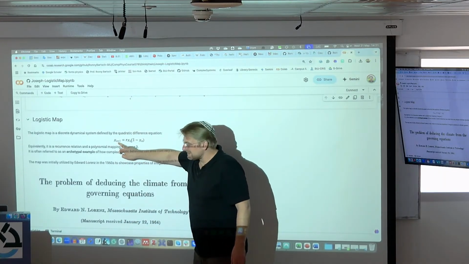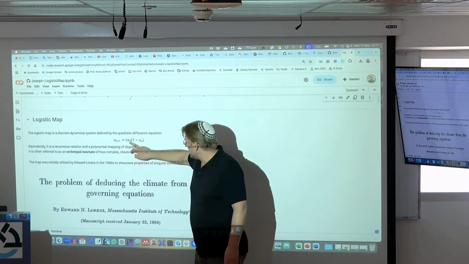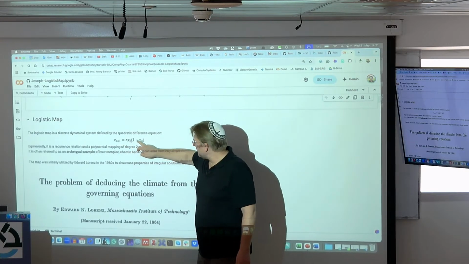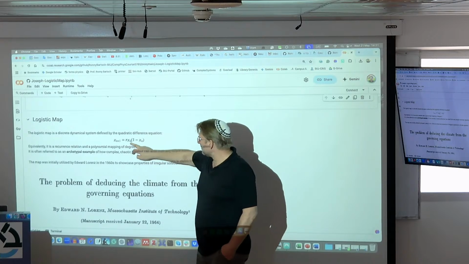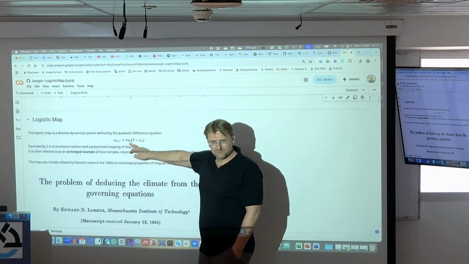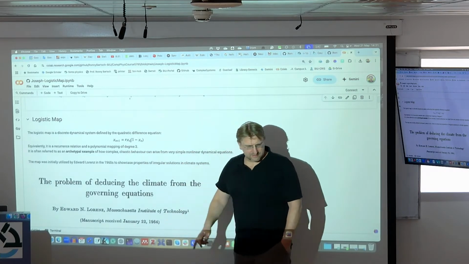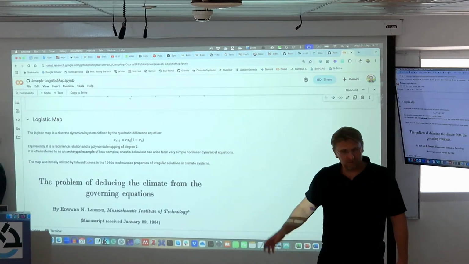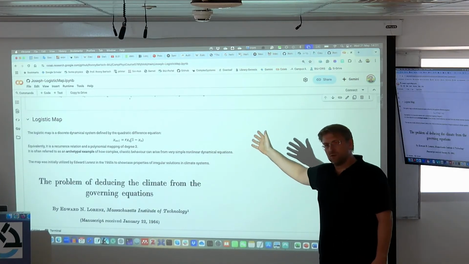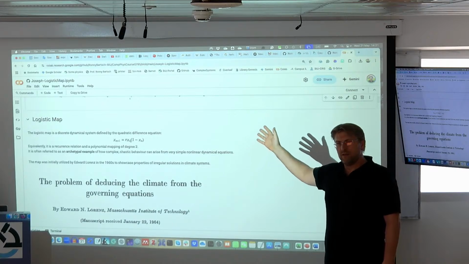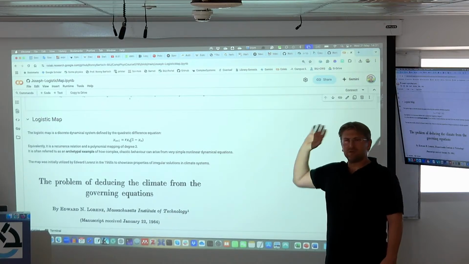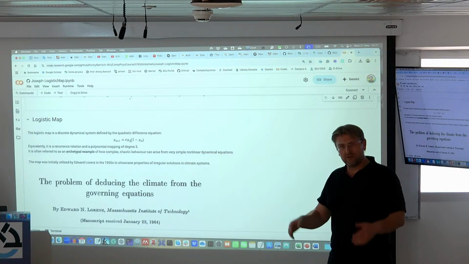So what do we see here? We see x_{n+1} is equal to r x_n (1 - x_n). Good. What is x_n? Let's talk about the logistic map. It can be used to simulate the growth of rabbits, for example, or any other animals.